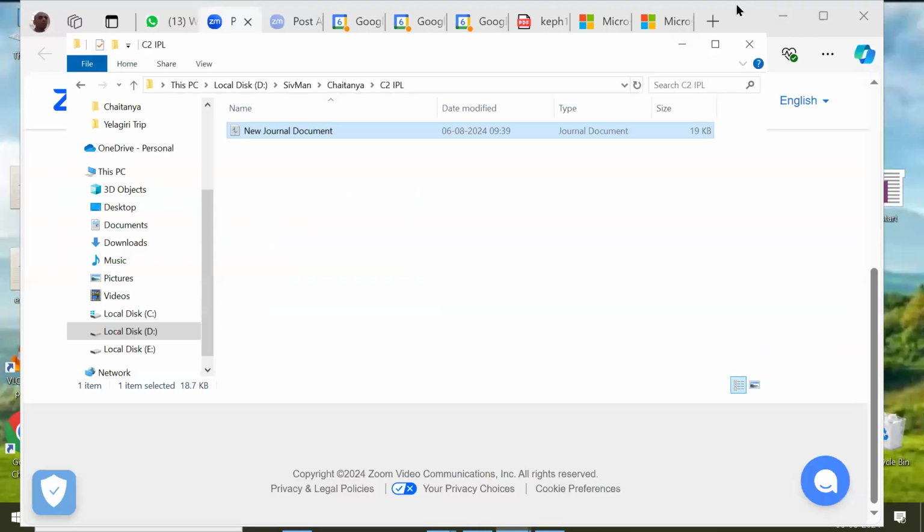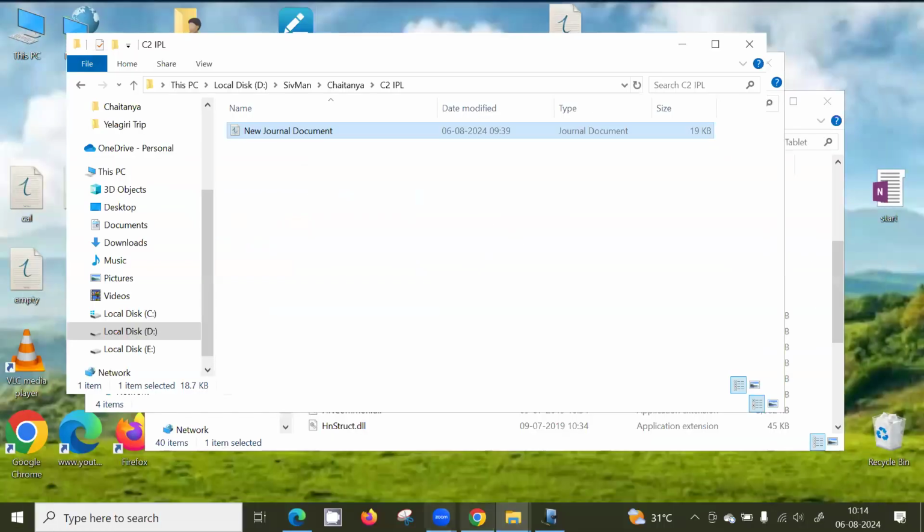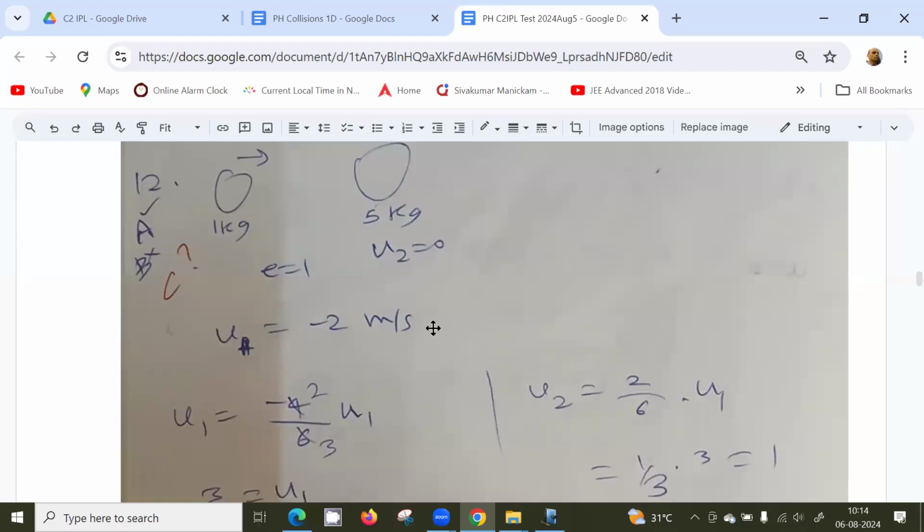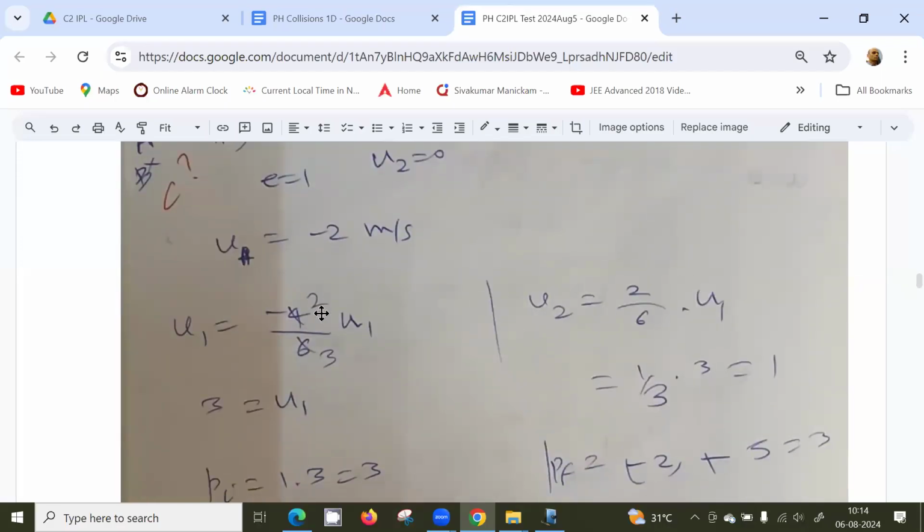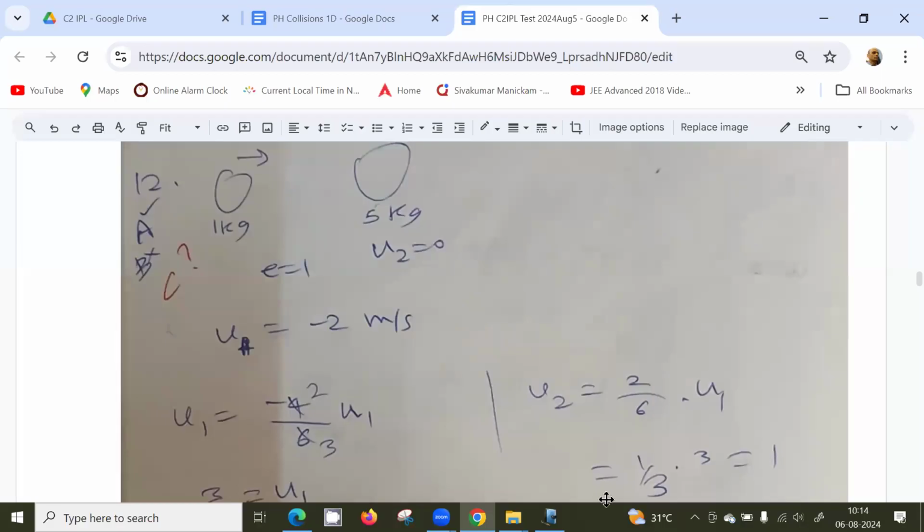It is m1 v1 plus m2 v2 by the total mass. M1 is 1 kg, and the final velocity of 1 is -2. So 1 into -2 is -2.